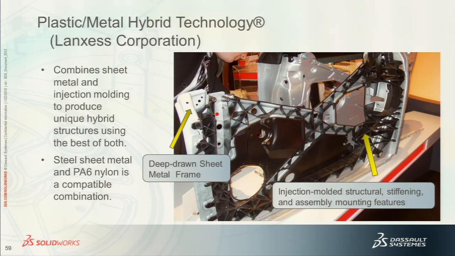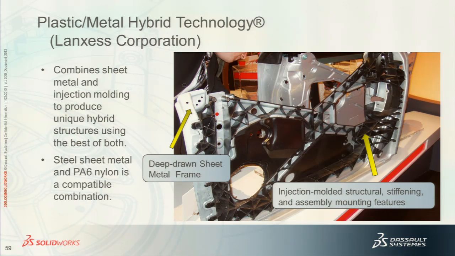But you have large sheet metal panels like a door, the exterior panel on a door, but a lot of your interior features, stiffening features, the window lift mounting areas, speaker locations, these are all injection molded after this large steel weldment was placed into the tool.